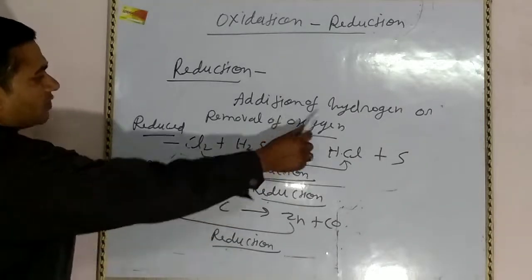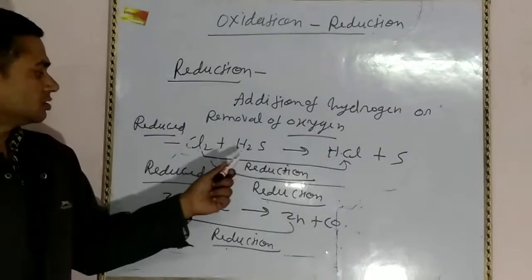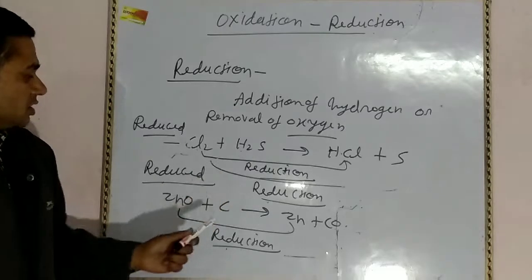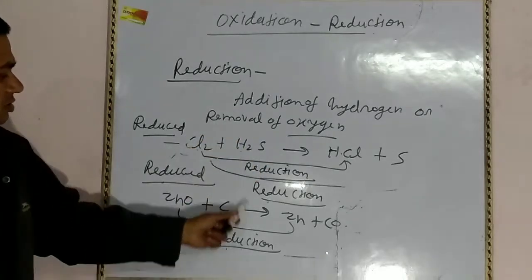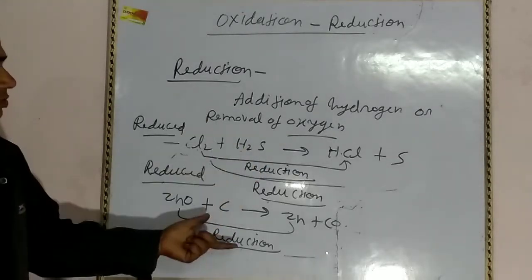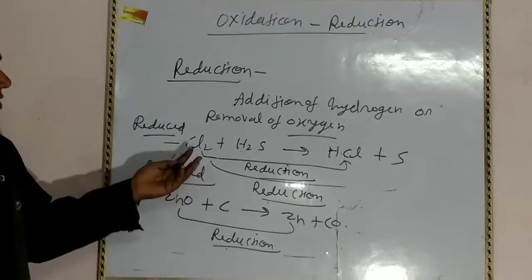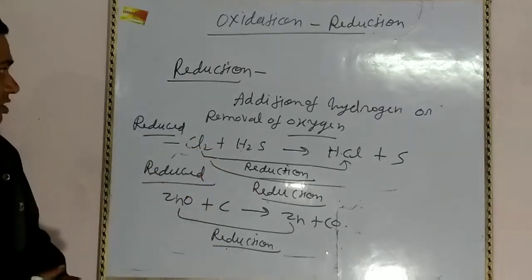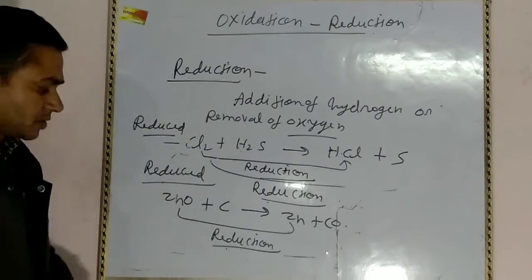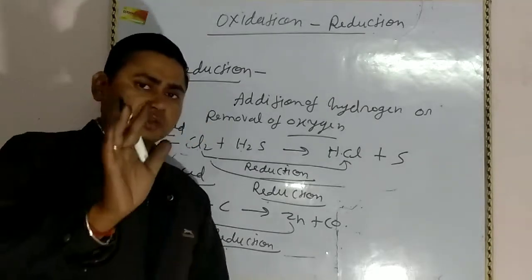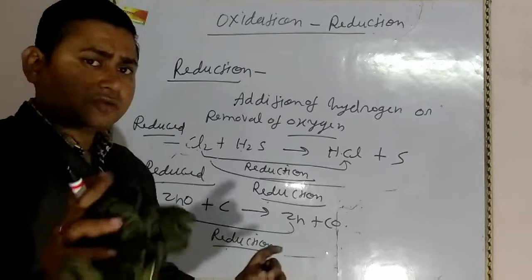So addition of hydrogen in this reaction and removal of oxygen in this reaction. So in both examples you are seeing the process of reduction. Understood? So now you know oxidation and reduction very well.